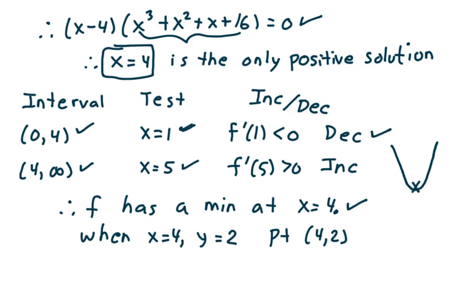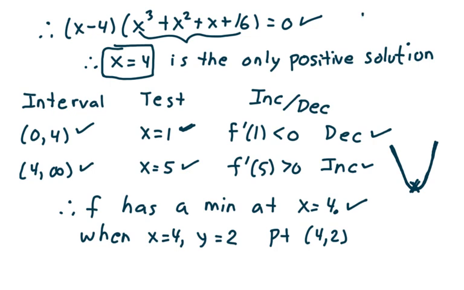The function is decreasing on the interval 0 to 4. f prime of 5 is greater than 0, so the function is increasing on the interval 4 to infinity. Okay? Now, if the function's going from decreasing to increasing, we're going to have a minimum. And so f has a minimum at x equal 4.